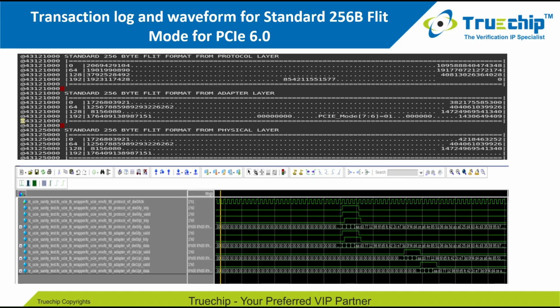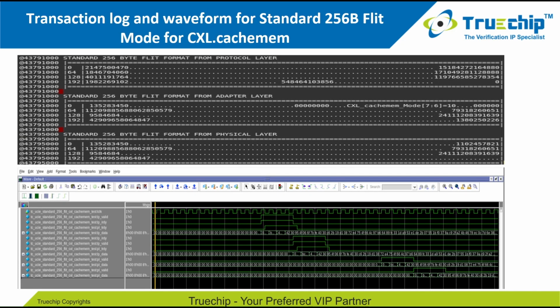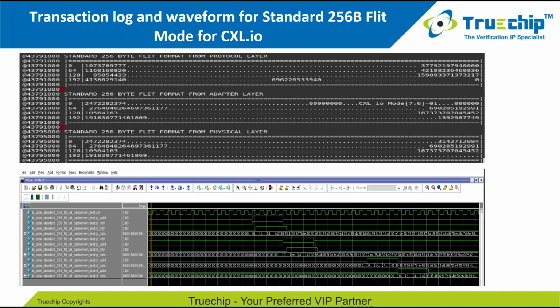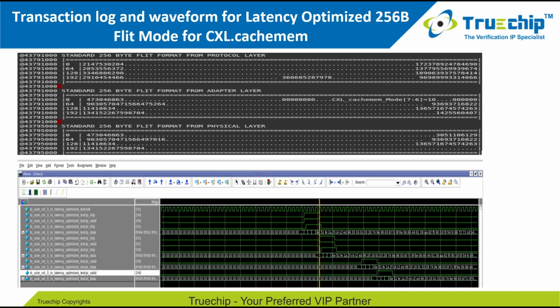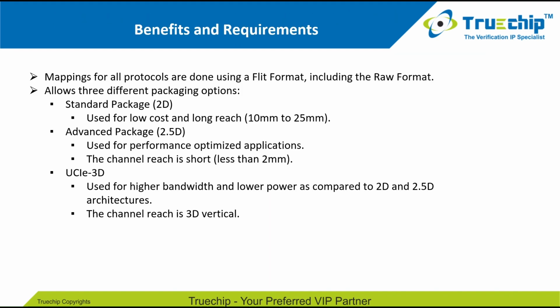The next slide is standard 256-byte flits for CXL.cache/mem and CXL.io. And finally in this slide you can see the latency optimized 256-byte flits. These are great visuals to confirm what the data looks like in the live simulation.